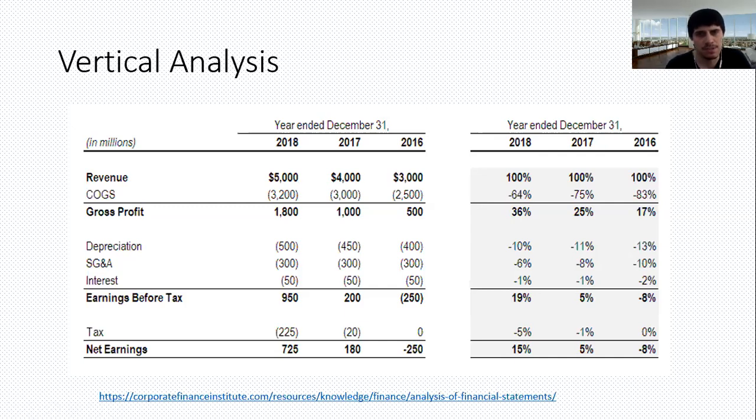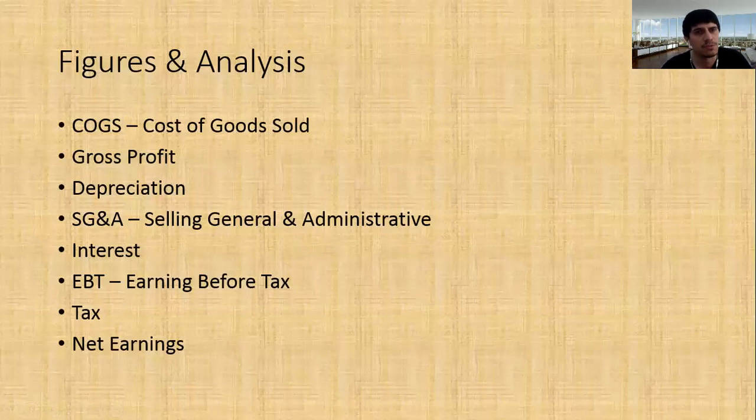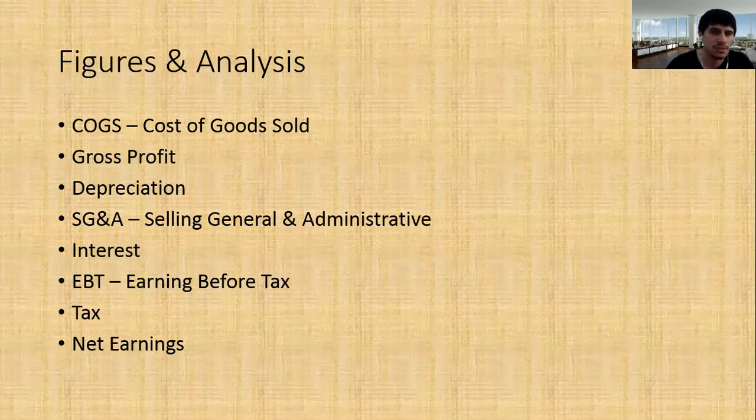The key metrics we're going to look at are cost of goods sold, meaning how much money the company allocates, how much the cost of goods costs the company during the sales process. Then gross profit, depreciation, as well as SG&A, which stands for selling, general and administrative costs.